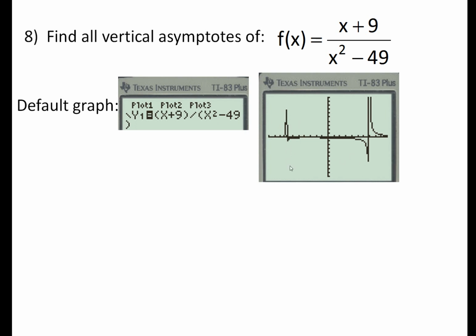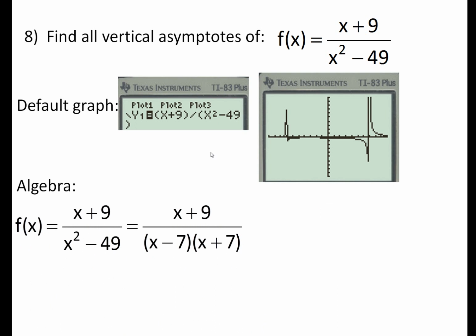It doesn't draw the vertical asymptotes correctly. So these blips here, this one and this one, indicate there is some kind of vertical asymptotic behavior, but we need to do a little bit of analysis to see where those points are.